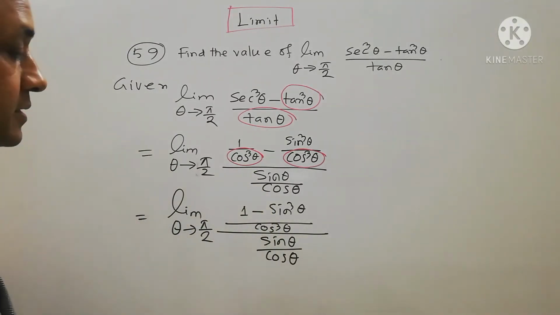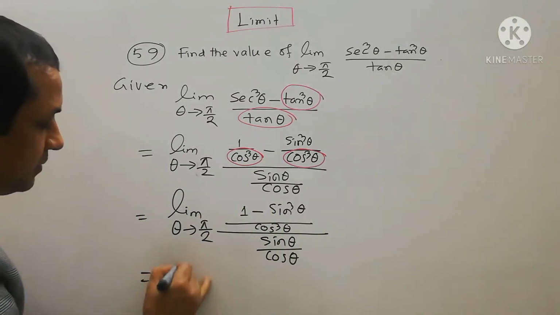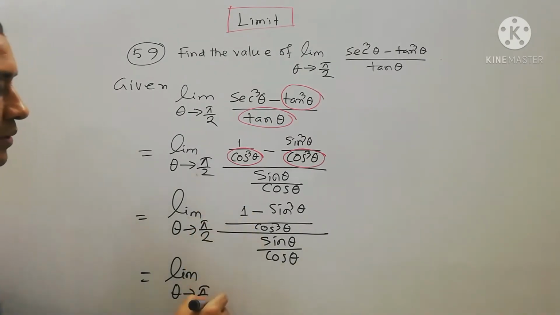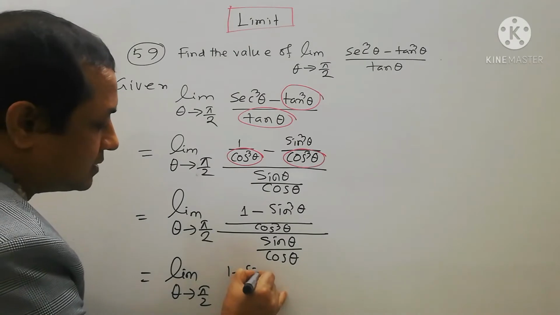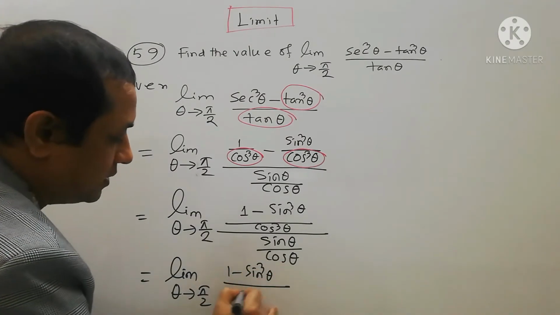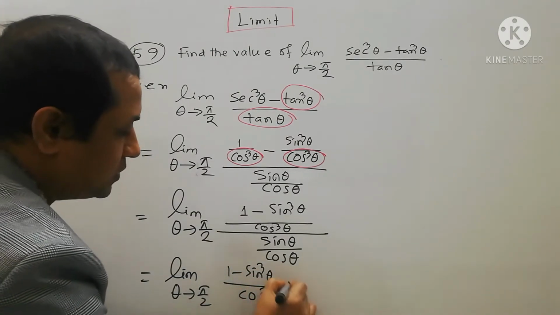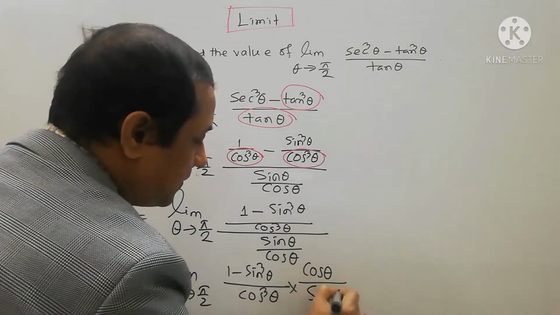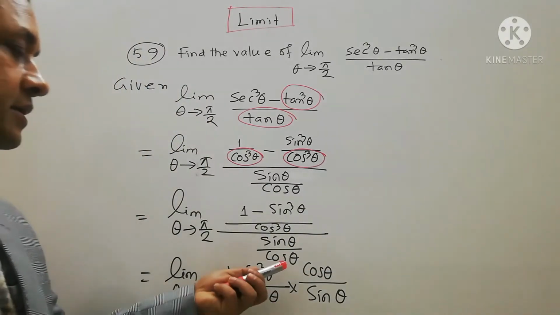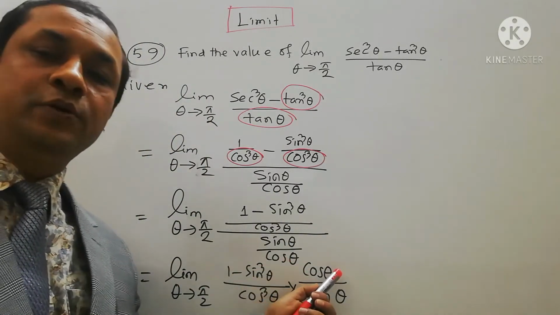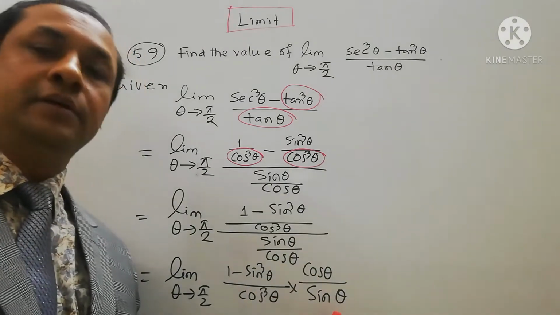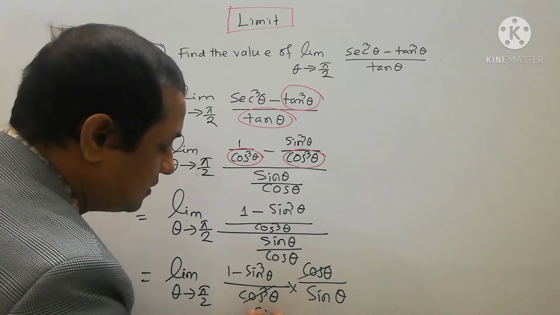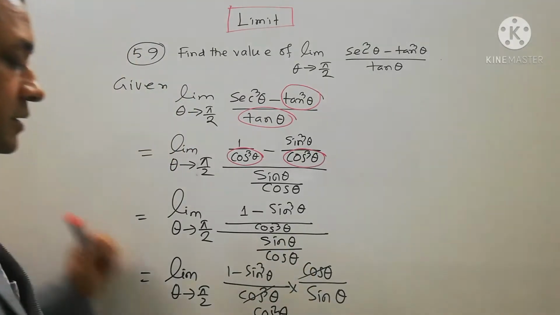Okay, next line. Here limit theta tends to pi by 2. Now we can write 1 minus sin cube theta by cos cube theta into cos theta by sin theta. Here the denominator will become the numerator and the numerator will become the denominator. Cos theta and cos cube theta cancel, so we get cos square theta.